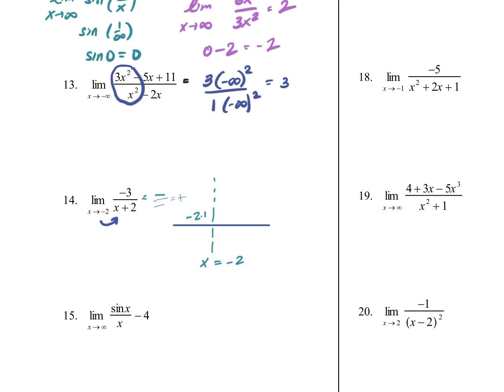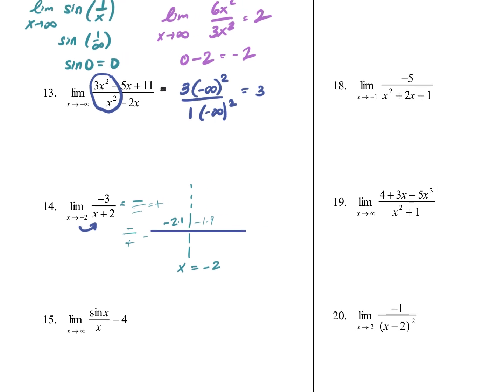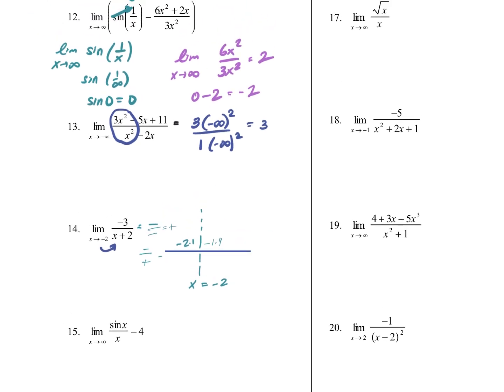So that's the first part of it. And then the second part, you'd have to do from the right. So you could do like negative 1.9. Top stays negative, bottom is positive, so it goes to negative infinity. So one is going up and one is going down. Okay, so this would look something like that, maybe like that. So that makes this one be D and E.